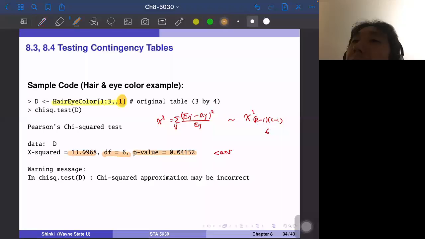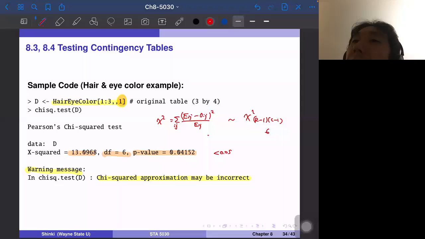Here is a warning message. A warning message isn't an error in R, so sometimes we can ignore it. It says the chi-square approximation may be incorrect, which means this is an approximation, basically by the central limit theorem. Eij minus Oij, if the sample size is large, converges to the normal distribution, and a squared normal is chi-square.